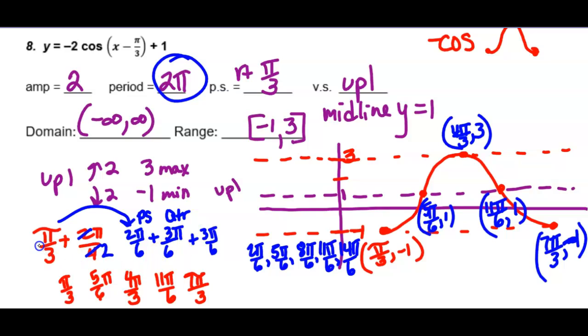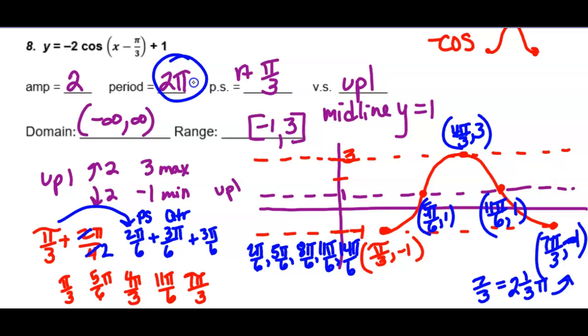But because this shifted to the right 1/3 of a pi, it finishes at 2 1/3 pi. 7/3, 3 goes into 7 twice with 1 left over, is 2 1/3 pi, because it shifted to the right 1/3 and it took it 2 pi to finish. Okay, the period is not where it finishes, it's how long until it finishes. So when we have a phase shift, that messes with things.